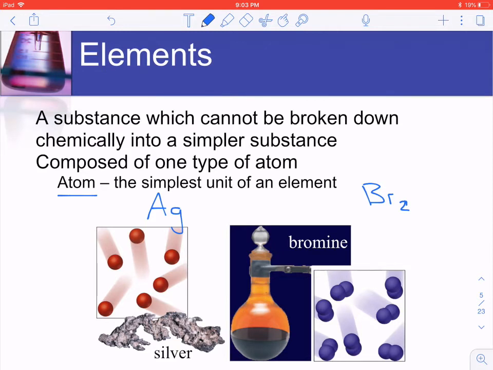And so we call bromine a diatomic element, and you can see over here in the picture that all of these have two little bromines stuck together, but we actually still distinguish both of these as elements. Even though there are two bromines, because there's only one type of atom here, it's always just bromine, we're still going to call that an element. Silver obviously only has one silver, so because there's only one formula there, one set of letters, we are going to call that an element as well.